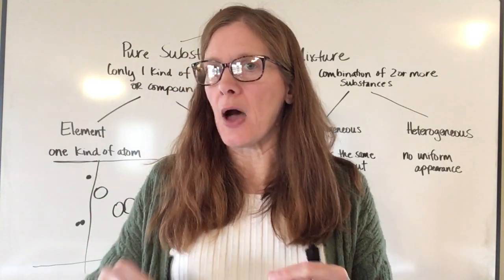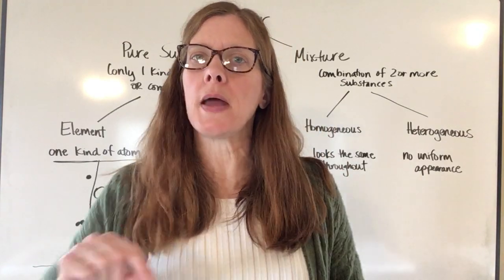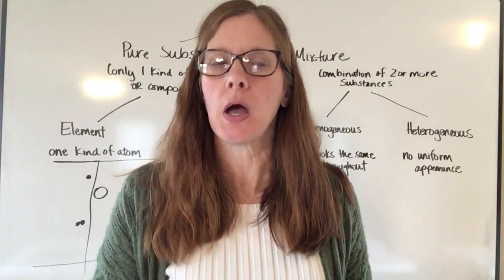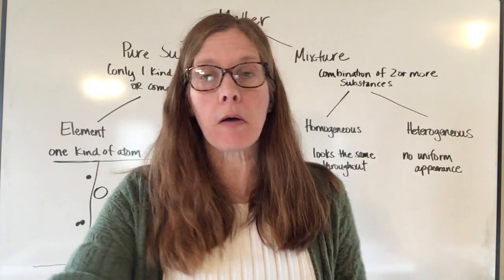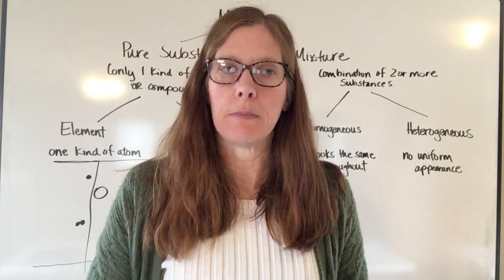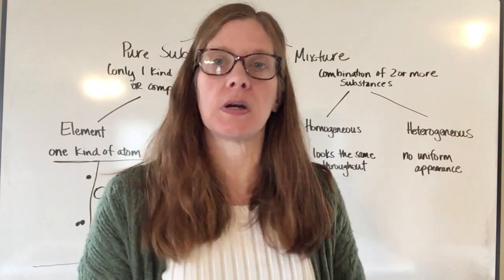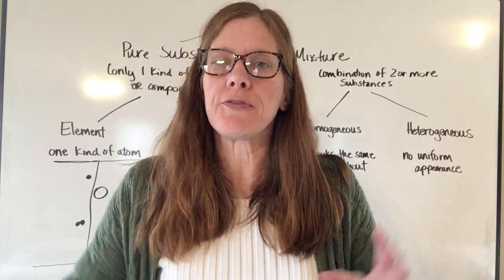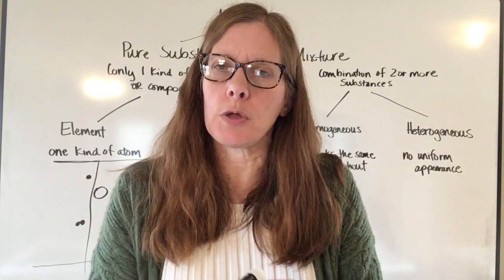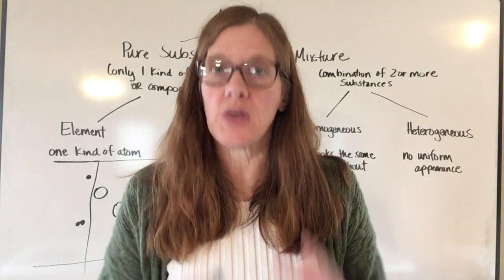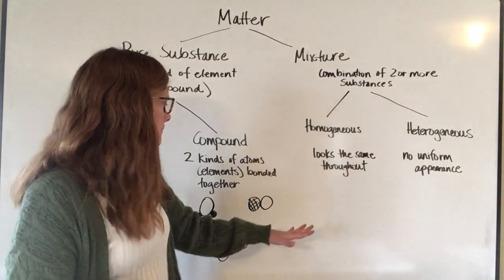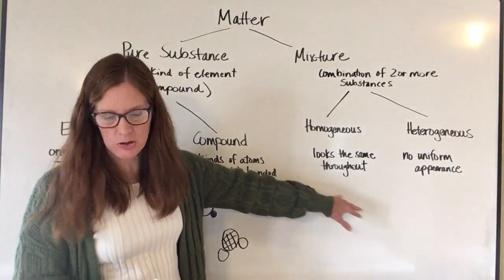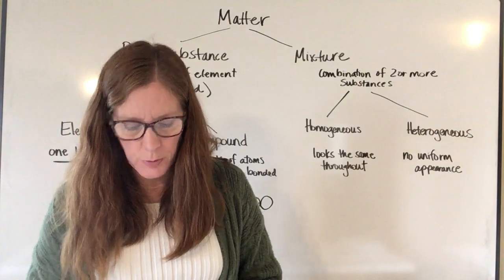If I was able to reach in and pull one molecule out at a time, I could pull out a molecule of water, or the next time I reach in, I might pull out a molecule of sugar. And maybe the next time another molecule of sugar, and the next time a molecule of water. So if you can get down at the molecular level and pull out two different things, then you're going to have a mixture. Okay, so a homogeneous mixture looks the same all the way through.